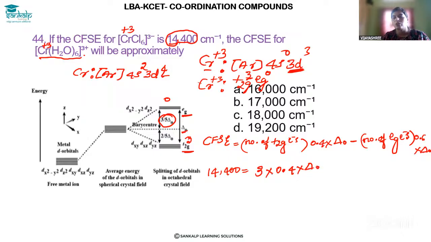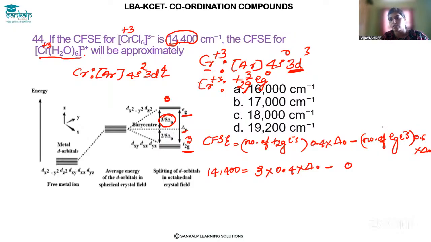We don't know the crystal field splitting energy, so keep it as delta naught only. Minus the number of electrons in the eg set. There are 0 electrons in the eg set, so the next term will be entirely 0, because 0 multiplied by anything is 0.